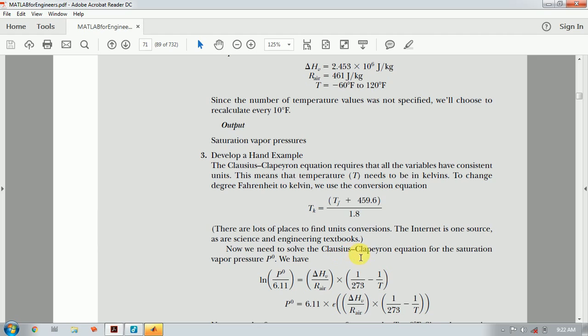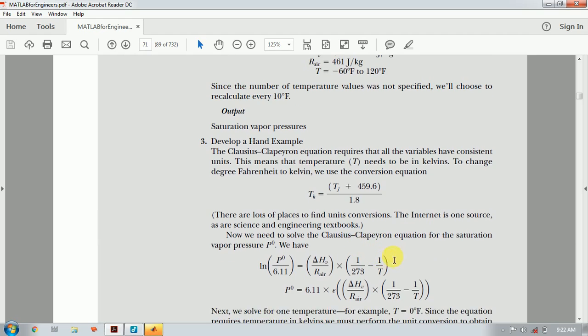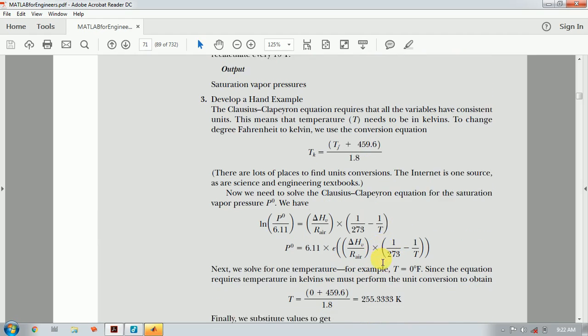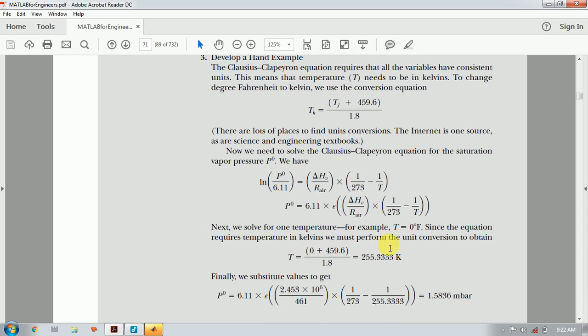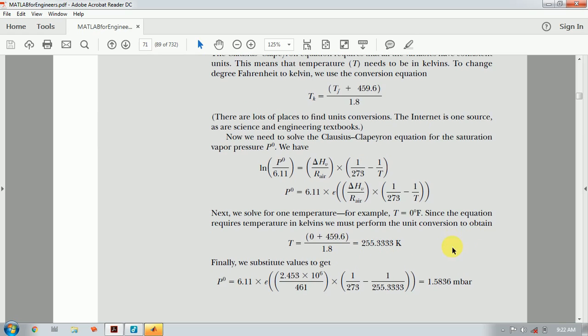Now we need to solve the Clausius-Clapeyron equation for the saturation vapor pressure. We have an equation like this, and next, for one temperature, for example T equal to 0 degrees Fahrenheit. Since the equation requires temperature in Kelvin, we must perform the unit conversion. 0 Fahrenheit is equal to 255.3333 repeating Kelvin.